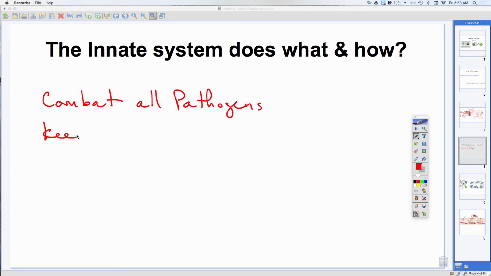Its intent is to keep the outside outside and protect the inside.